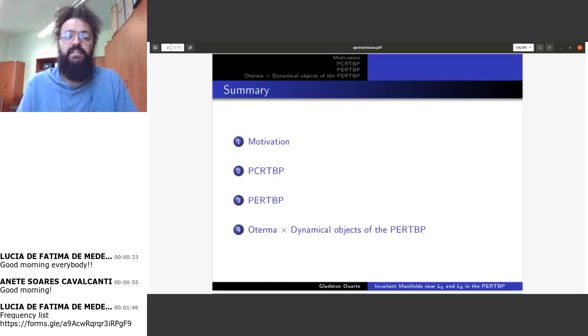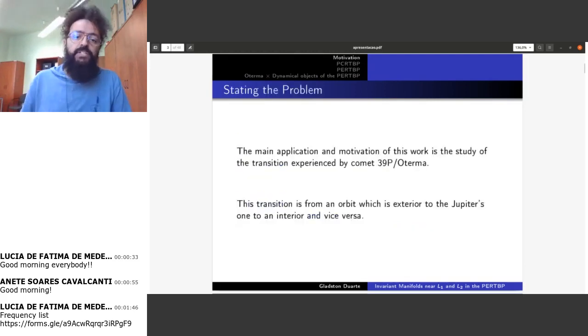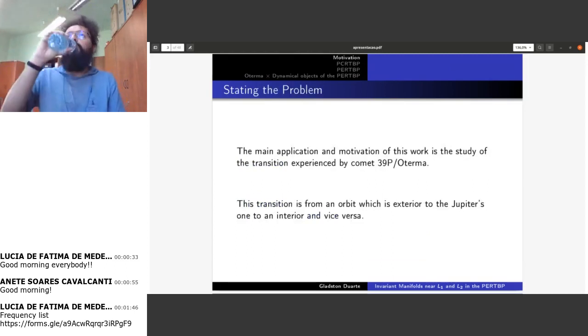I'll state, and then we'll see how these tools and the computations we did can be applied to understand the dynamics of a comet called Oterma and the dynamical objects in the elliptic RTBP, which is the novelty of this research. So I'll just start by stating the problem.